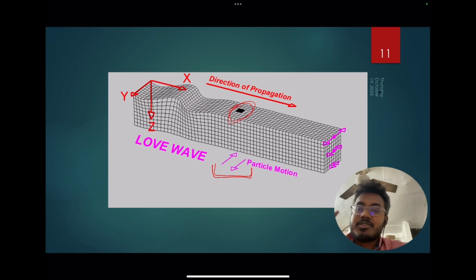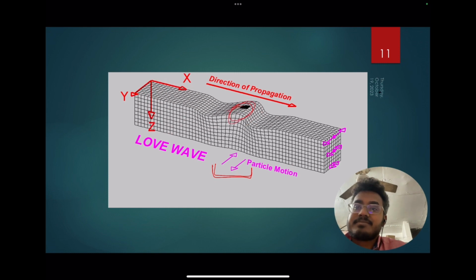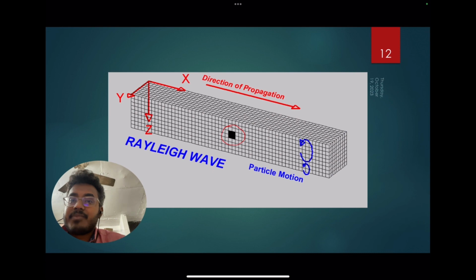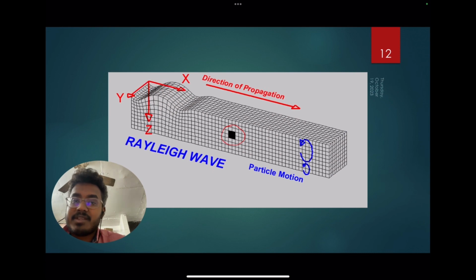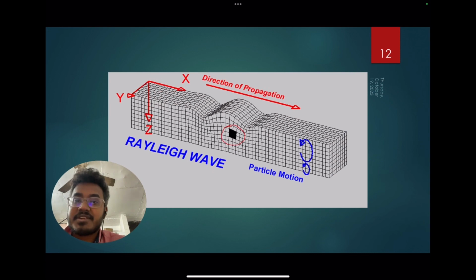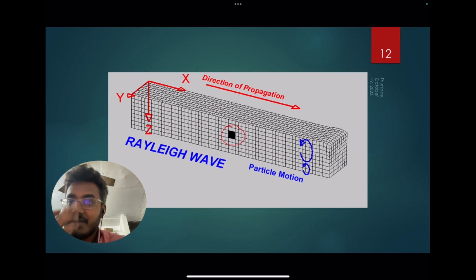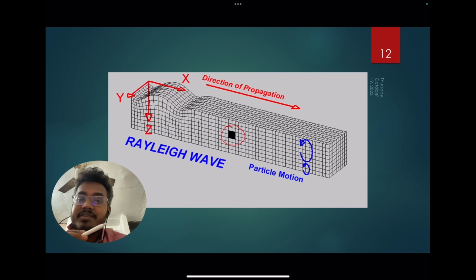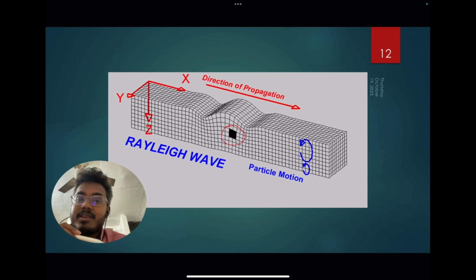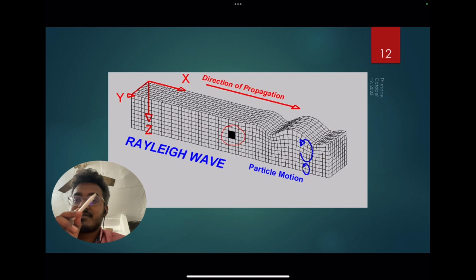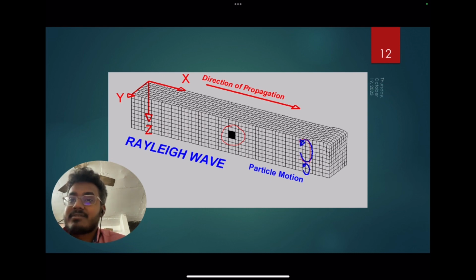It also causes a lot of destruction. The next wave, Rayleigh waves, are more destructive than any of the waves which we have read because it vibrates the medium in an orbital fashion like this. Look at this.